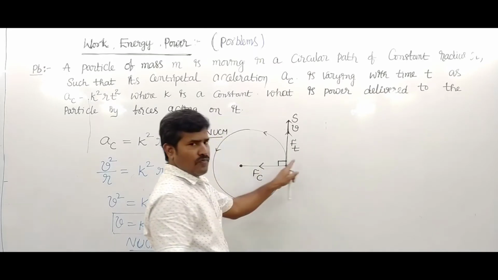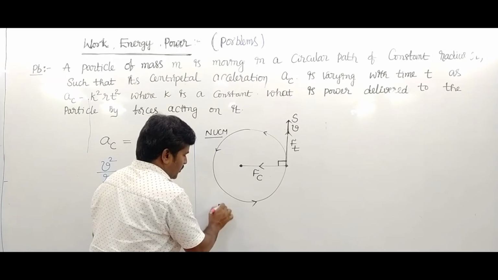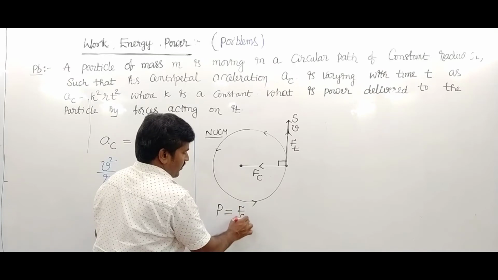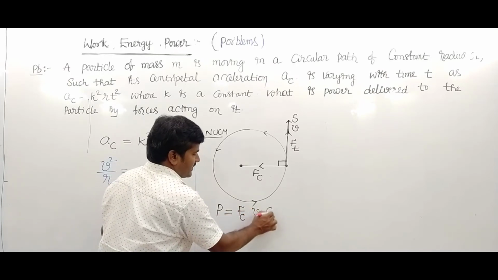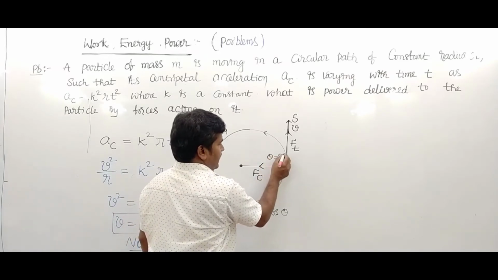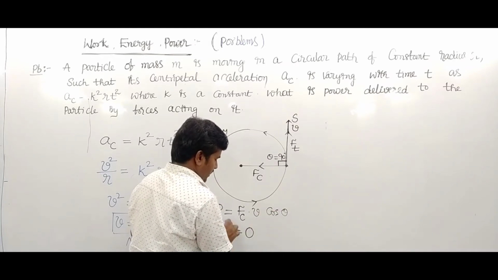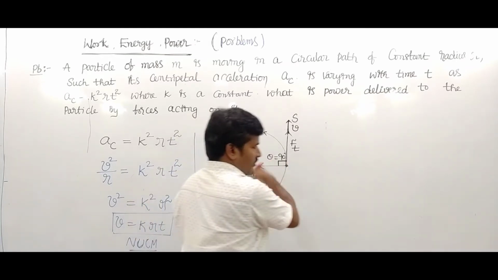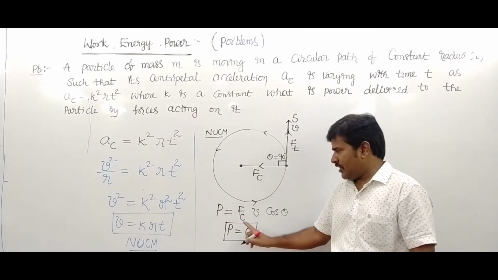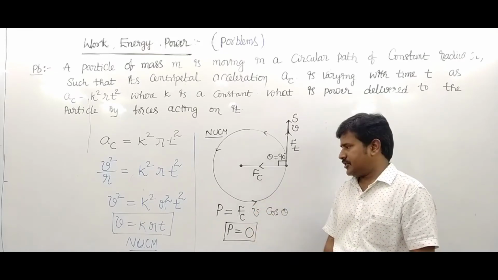There are two forces. First we consider the power due to centripetal force. Power equals force into velocity into cos theta. Theta becomes 90 degrees, cos 90 is 0, so power becomes 0.